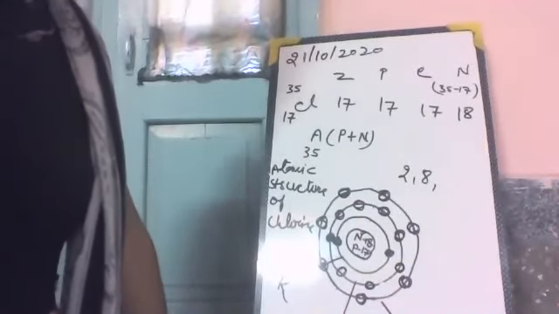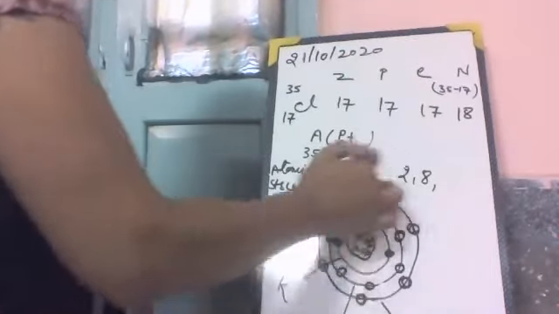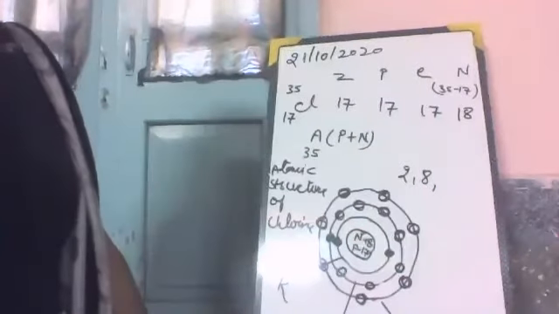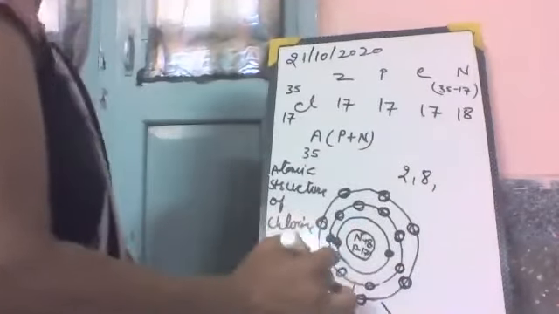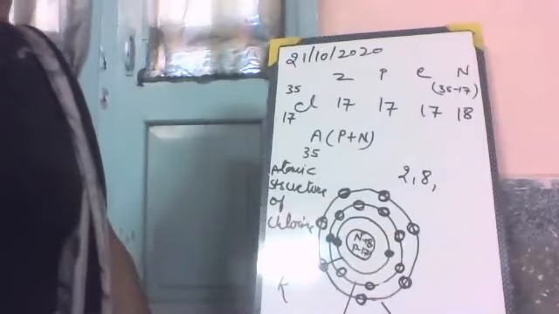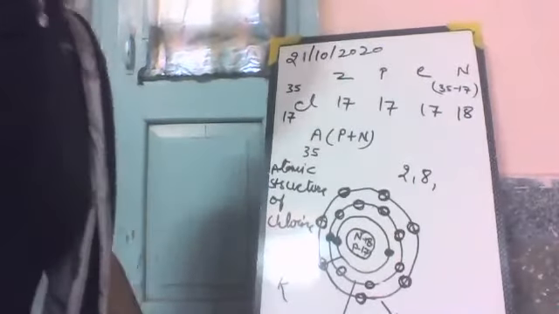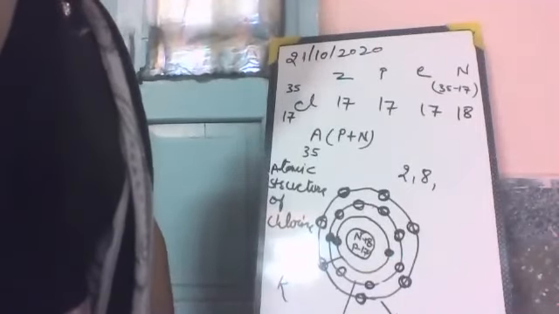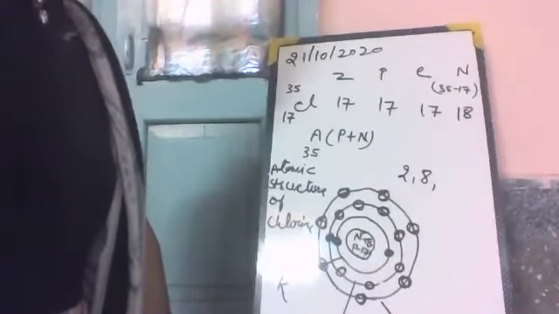These electrons determine the chemical properties of the element, and they can take part in chemical reactions. So what is valency? The number of electrons which an atom can gain or lose.